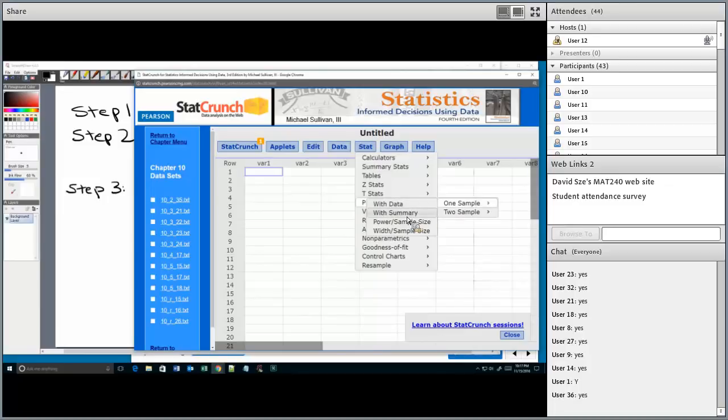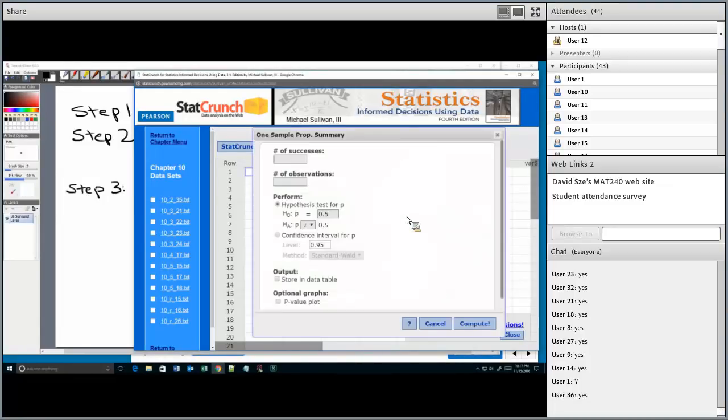You go to one sample, with summary. This is exactly the same thing we did last week. The number of successes is 66, that's your X, out of a total of 150 observations. Last week we were selecting confidence intervals for p. This week we're just going to go with hypothesis test.